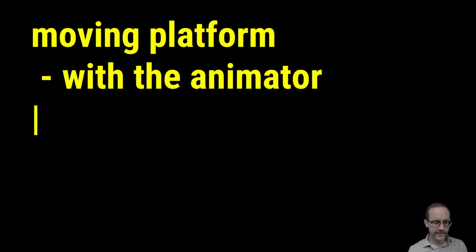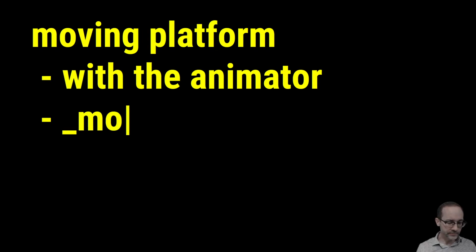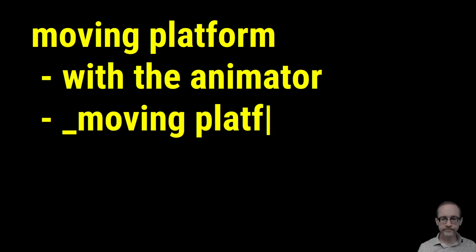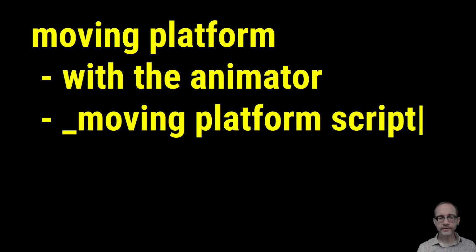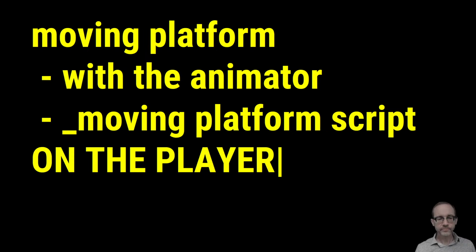Then there's two main things. There's a script which is already on the player prefab that's in the template, although if you drag in a new player prefab, it wouldn't be on there. It is the moving platform script, and that goes on the player.